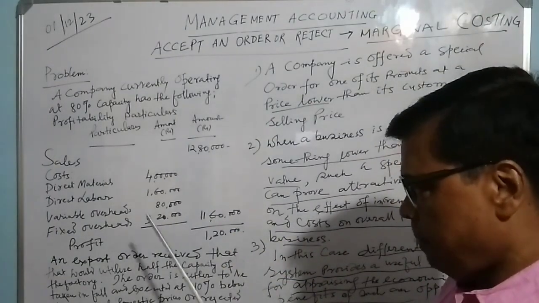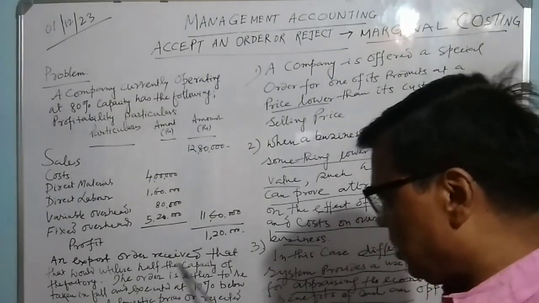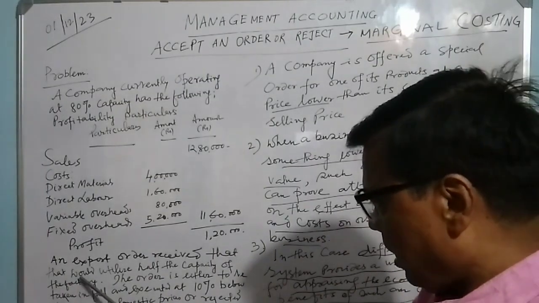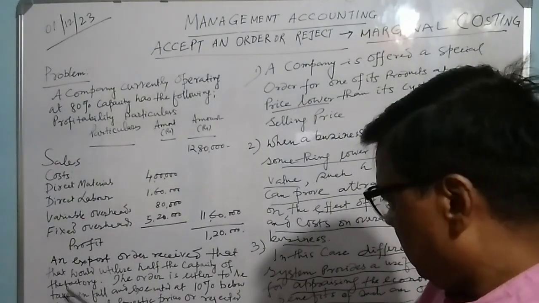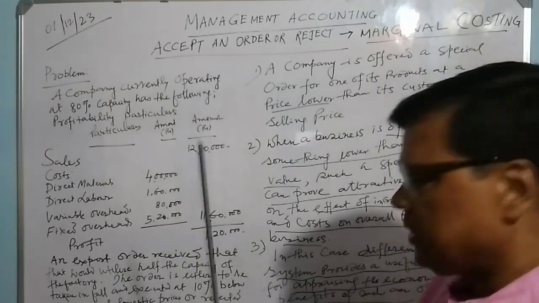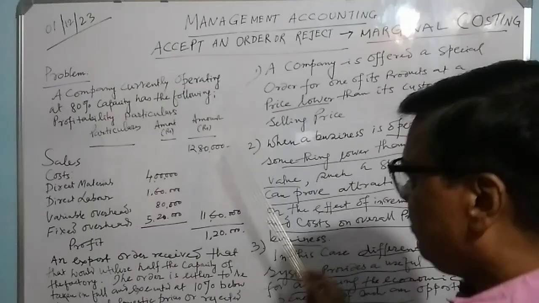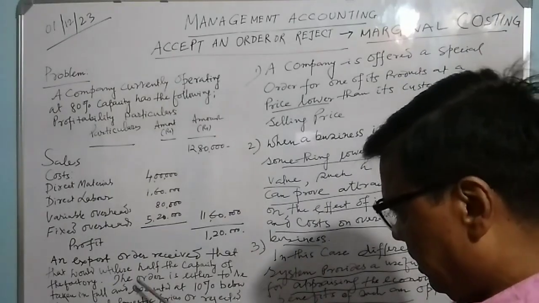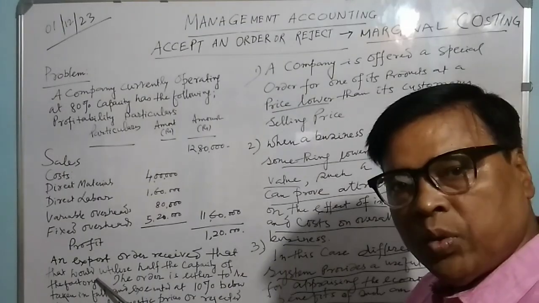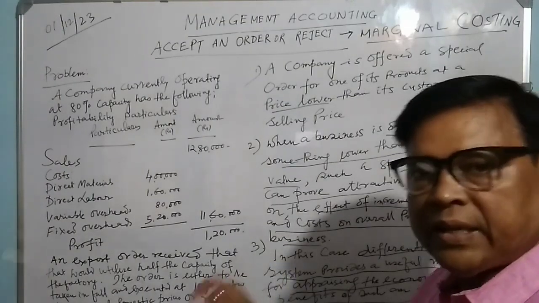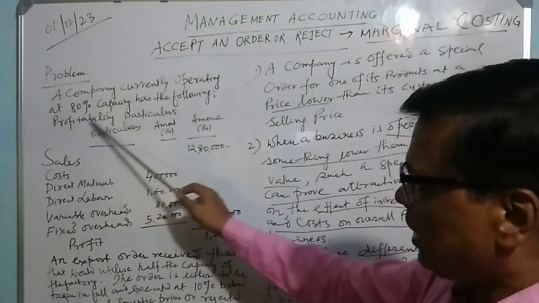Now what we have been discussing: an export order received that would utilize half the capacity of the factory. That means if you execute the order, 50% capacity will be required for that export order.